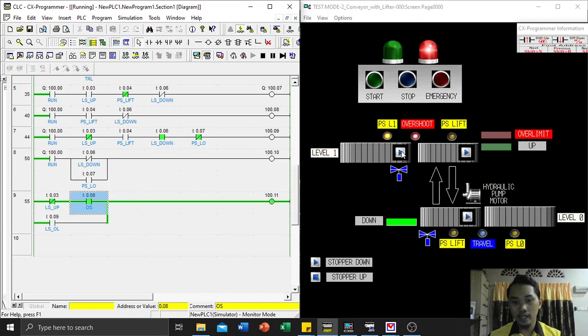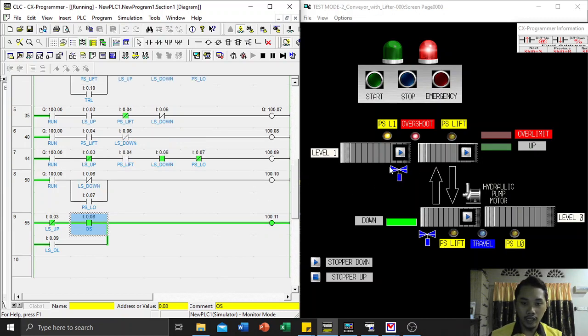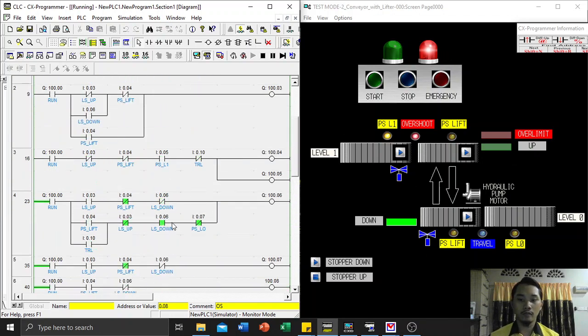This happens when the stopper at level 1 is malfunctioning. The valve already gave the output that the stopper needs to be up, but the stopper did not go up, and then the overshoot sensor is on while the table is at the down position, so the fault indicator will be on and the system will be stopped. I think that's all from me. Thank you.